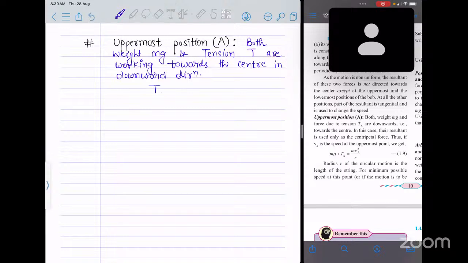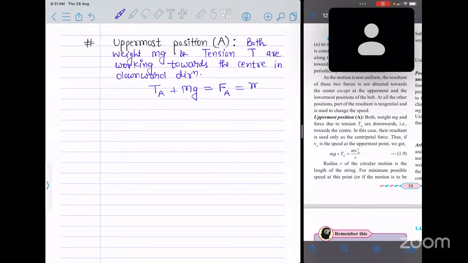So tension at point A plus mg, both these forces will work as centripetal force F at point A. What is the formula of centripetal force? mv square by r.